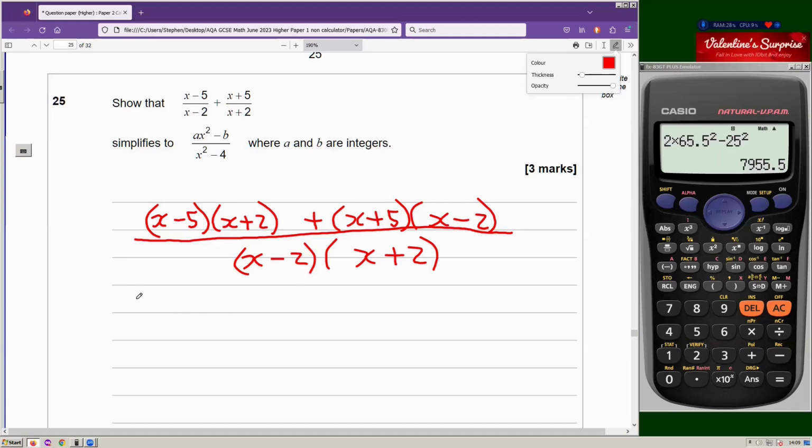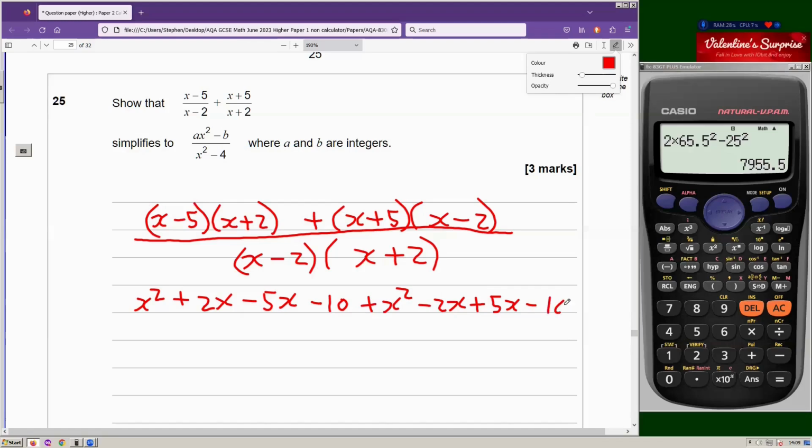Let's expand them. x squared plus 2x minus 5x, 5 times 2, this could be minus 10, because we have that. And then this one's going to be x times x, x squared. x times the minus 2 is minus 2x. Plus 5x. 5 times 2 is minus 10 again.